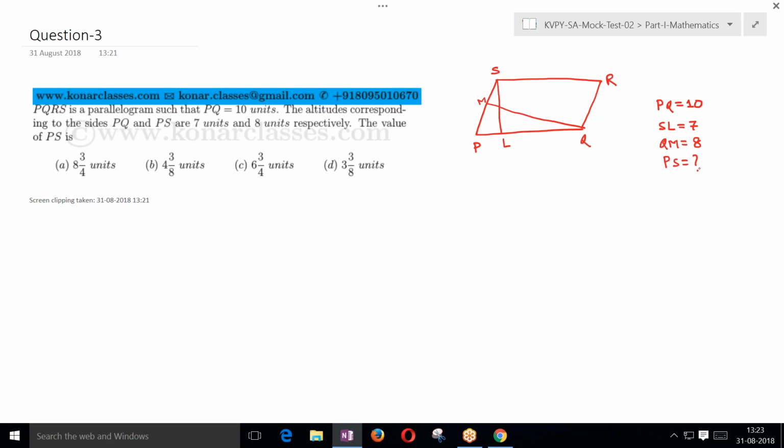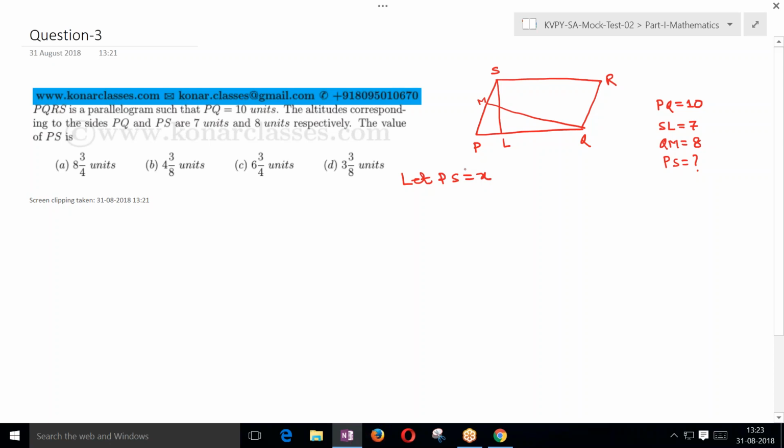Let us assume that PS is equal to X, and we need to find X.